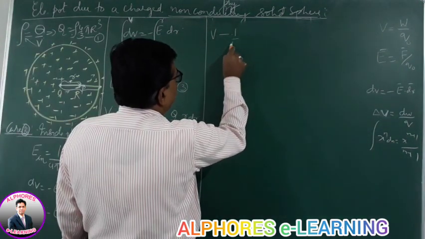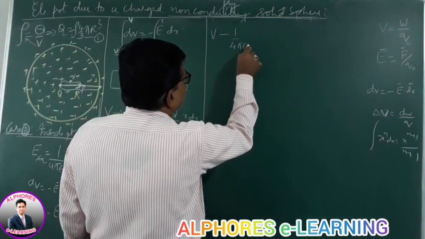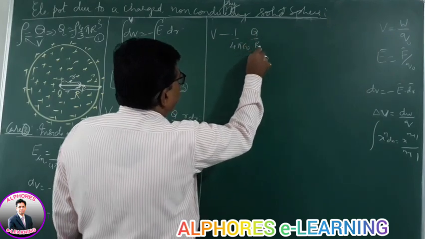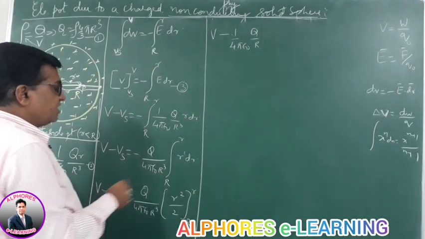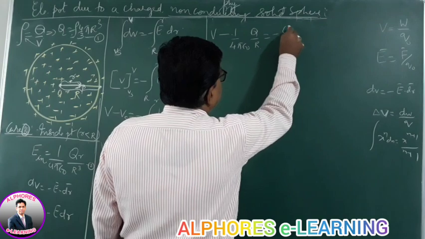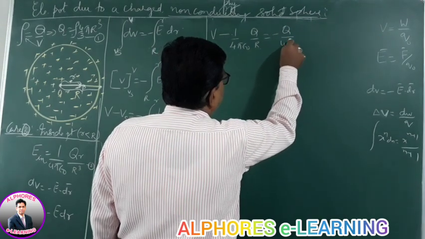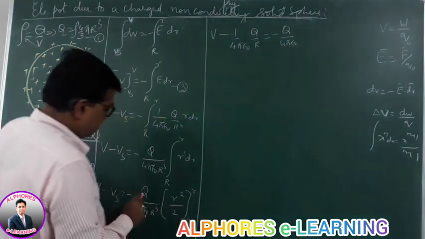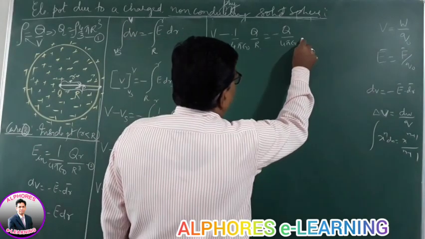We found the potential on the surface point is Q by 4 pi epsilon naught R, equal to minus Q by 4 pi epsilon naught R cube.